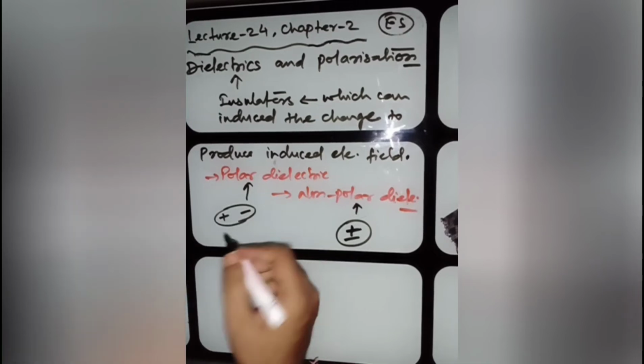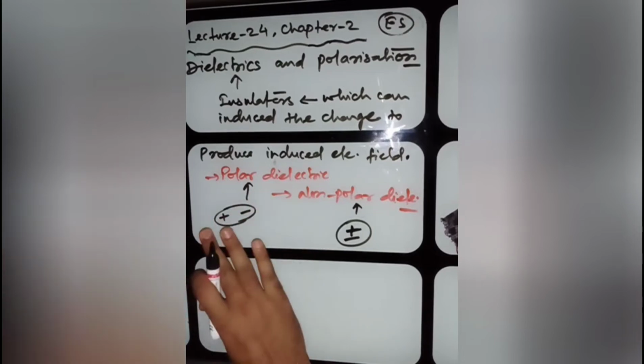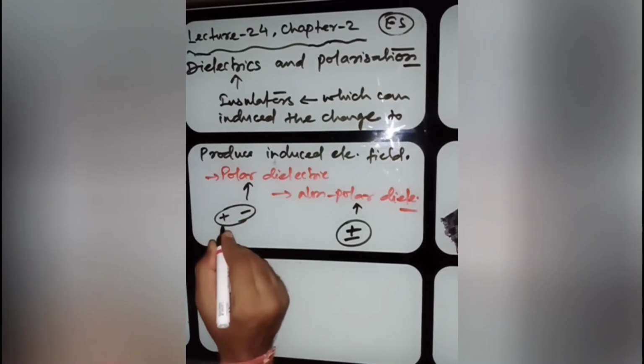For a polar dielectric, the centers do not coincide, which means even in the absence of an electric field, it has some dipole moment.